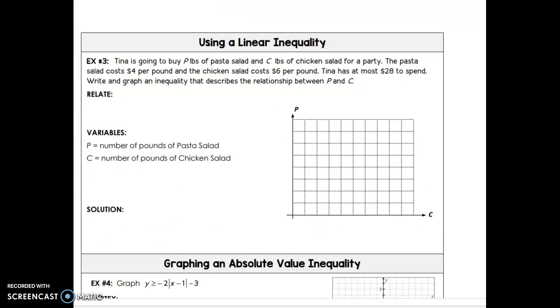All right, everybody loves word problems, right? So Tina is going to buy P pounds of pasta. So P is pasta salad and C is chicken salad. The pasta salad costs $4, so $4 for pasta and $6 for the chicken.